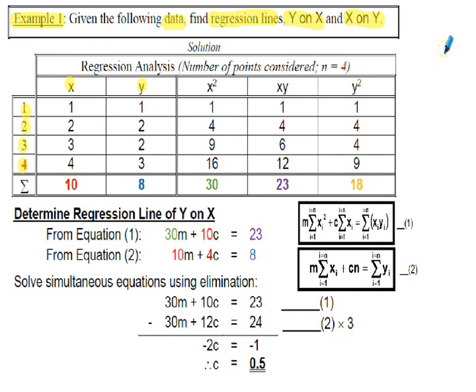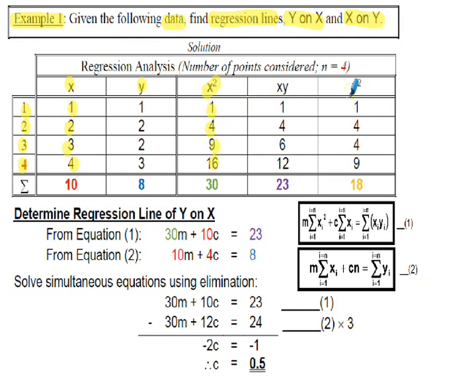We're going to use a tabular approach to help us structure our solution. First thing we're going to do is work out the x squared values. So x squared would be 1 squared is 1, 2 squared is 4, 3 squared is 9, and 4 squared is 16.